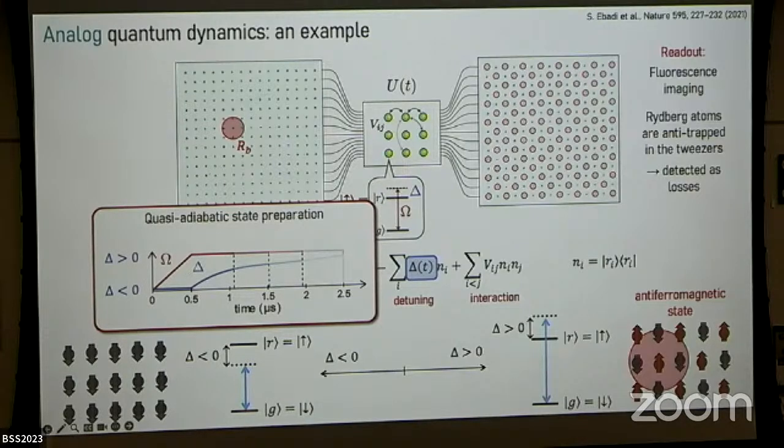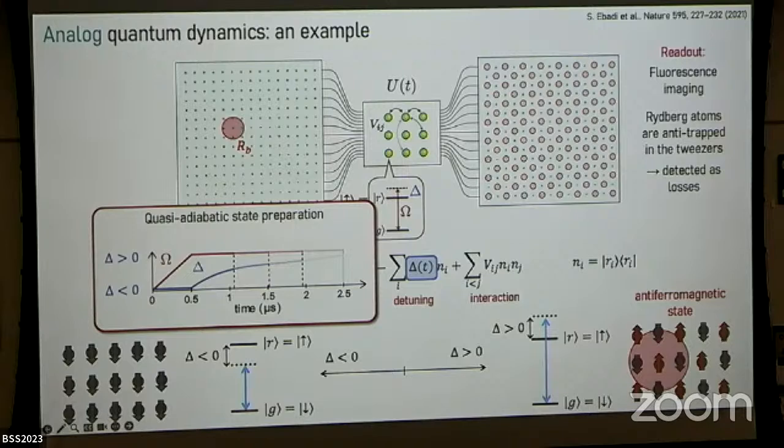Or, for example, let's say that you want to prepare the checkerboard phase like here, you can just shine some local detunings to make sure that those atoms get excited to the Rydberg state and the other ones don't. But of course, that works for these kinds of phases, but if you want to do something interesting like a topological phase, that doesn't work anymore. You need to find something smarter to do that.